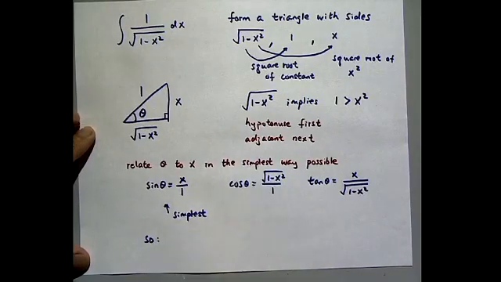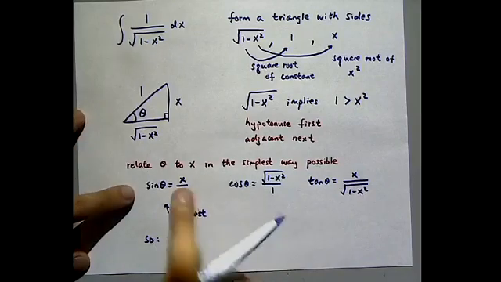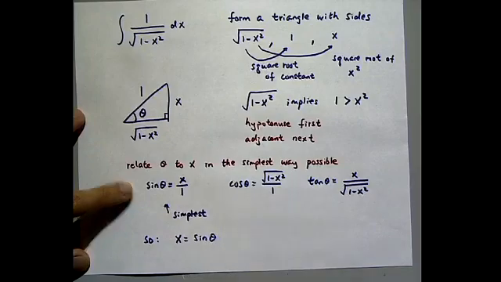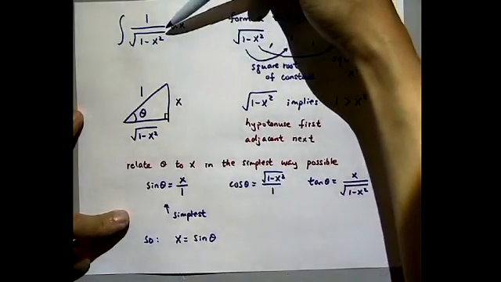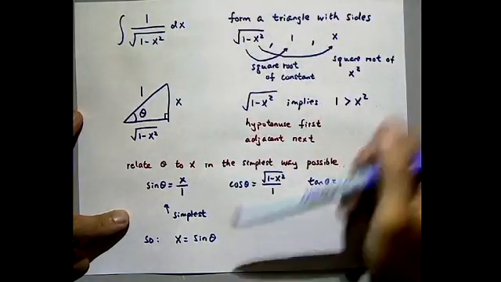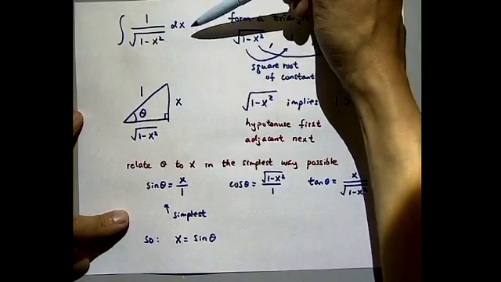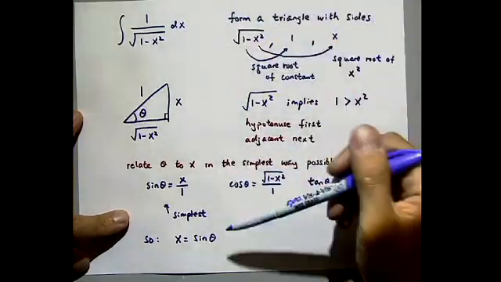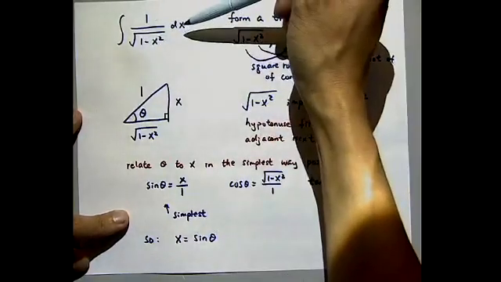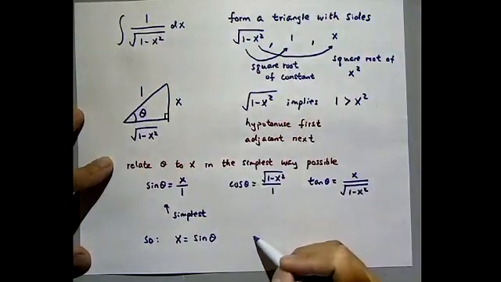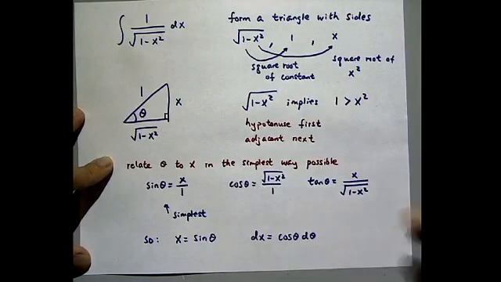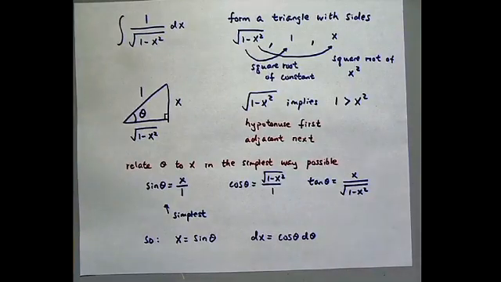So here's the key of the substitution. From here, we see that x is equal to sine of theta. So in the original integral, we're going to replace this x here with sine of theta. But we have to do the same thing with dx. Just like any regular substitution, you replace the thing you call u and then du, right? Same thing here. We have to find dx. So dx here is cosine of theta d theta.